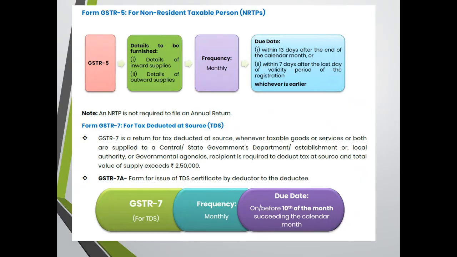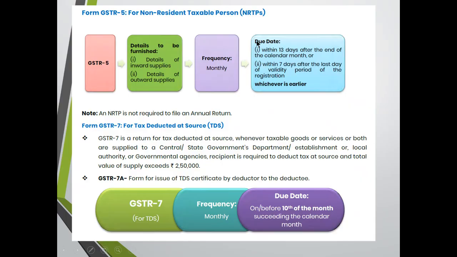or within 7 days after the last day of the validity period, because we mentioned a maximum of 90 days would be allotted for their registration. So if that day expires sooner, within 7 days from the last date of validity of that period, they would be required to submit the returns.